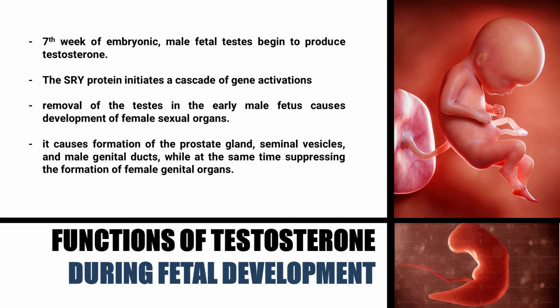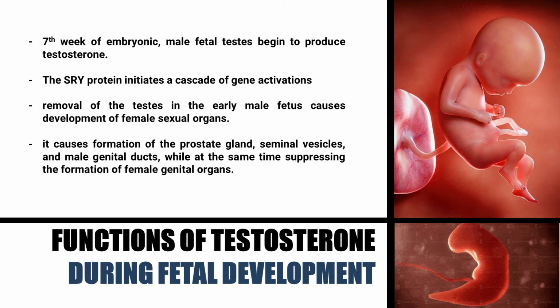About the 7th week of embryonic development, the male fetal testes begin to produce testosterone. The male chromosome has the SRY, or sex-determining region Y gene, which encodes a protein called the testis-determining factor, which is one of the main functional variations between the female and male sex chromosomes, also called the SRY protein.